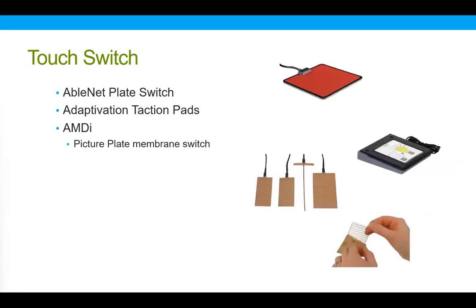We then have touch switches, and we saw the Ablenet plate switch before. These also include the Adaptivation traction pads and the ABDA picture plate membrane switch. You know, when I want to activate my phone, I just have to touch it. It has a touch sensitive screen. And some of the switches that we have available use a similar technology.